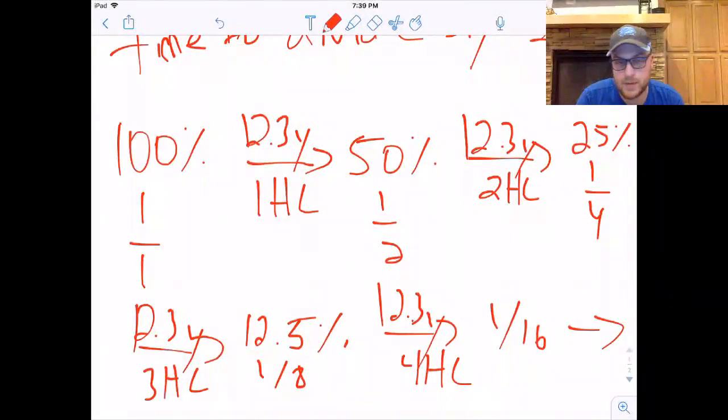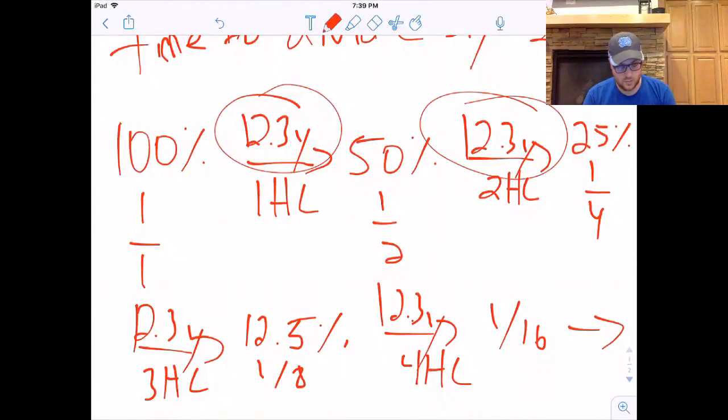It might say, how long would it take hydrogen 3 to go through 3 half-lives? And so you would go 1, 2, 3 half-lives, add those years together, you get about 37 years. Or how long would it take hydrogen 3 to break down until 1/8 of the original sample remains?